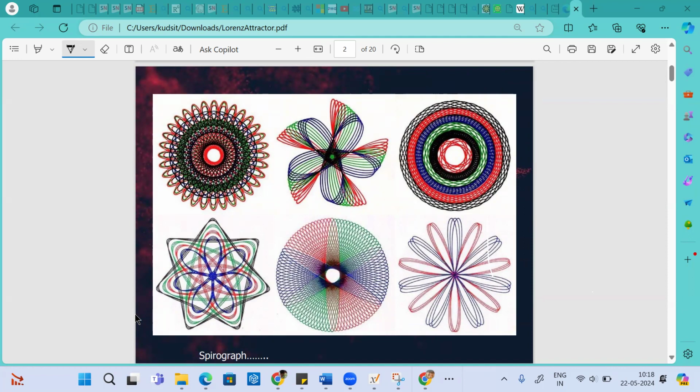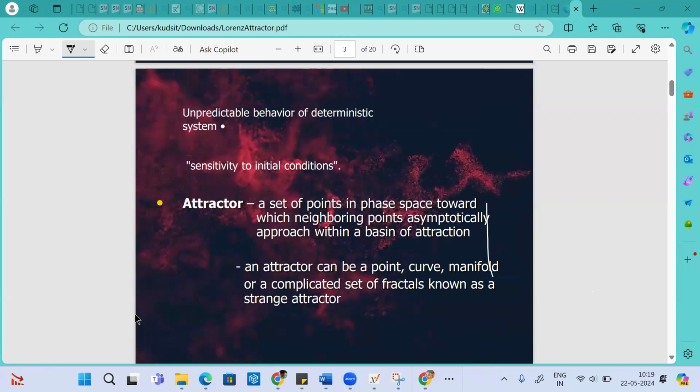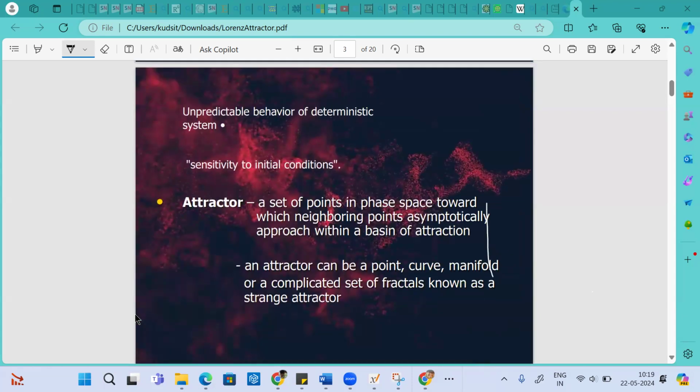Lorenz developed a mathematical model while predicting the weather, known as the Lorenz attractor. Attractors are a set of points in a space toward which neighboring points asymptotically approach within a basin of attraction. What is that?